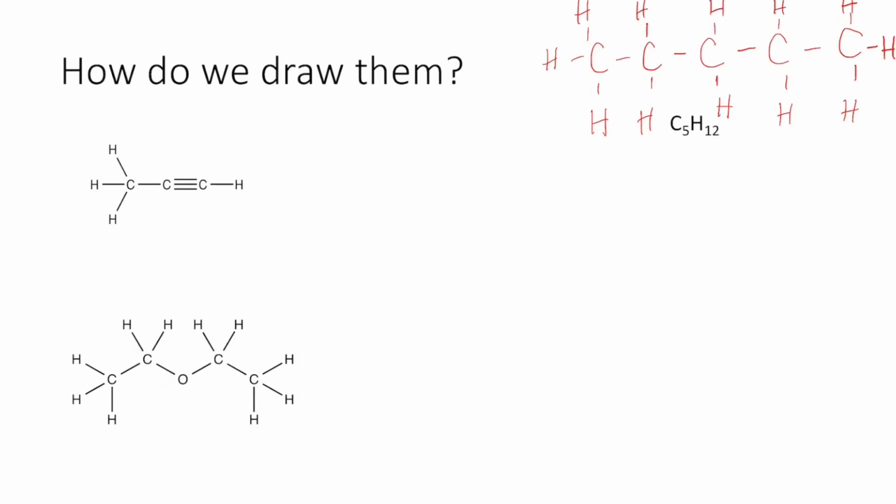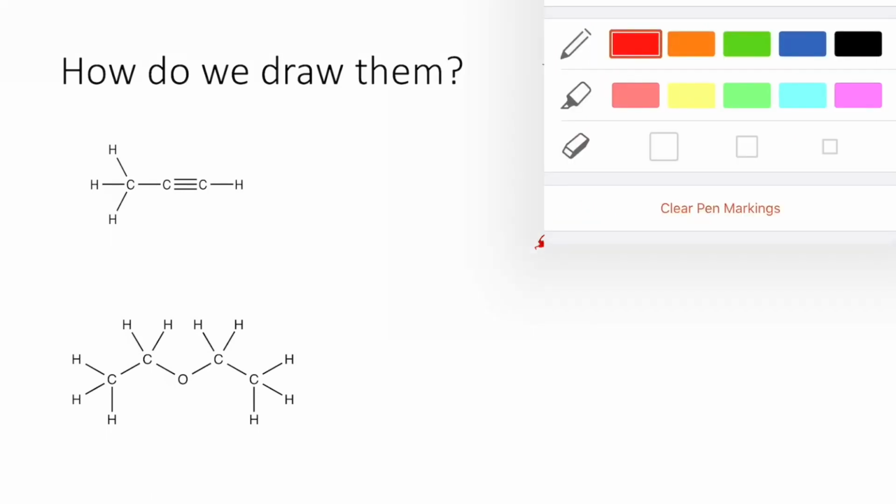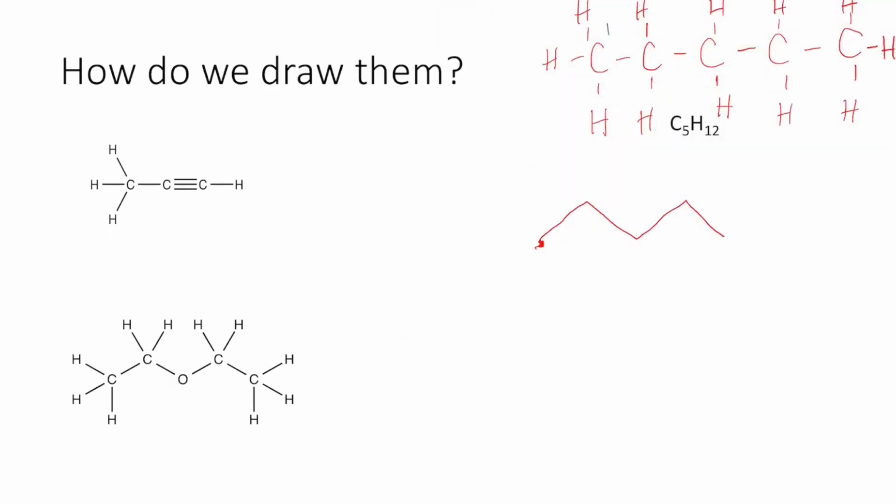Now, if I want to draw this in line angle, what I'm going to do is start with my pen on the piece of paper. So where my pen is right now, that's 1 carbon. I'm going to go up, that's carbon 2, 3, 4, 5. All right, and let me go back in and label my carbons. This is carbon 1, 2, 3, 4, and 5.